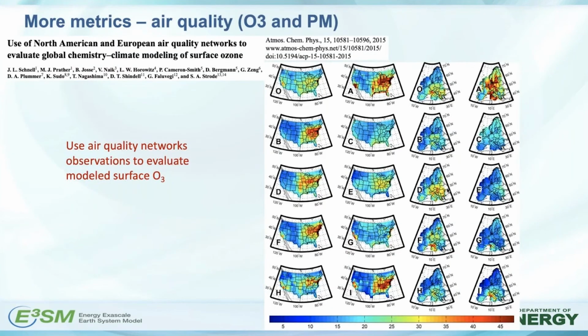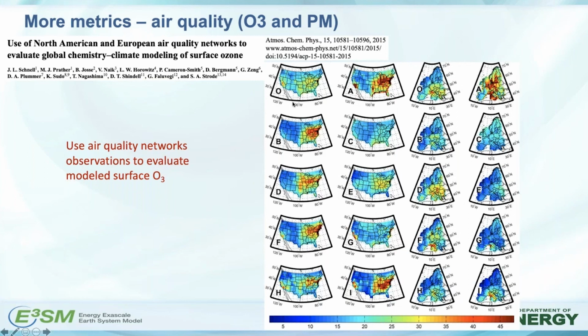Since we only got the results recently, we have some ongoing work to do with more metrics. One of them, as I show here, is the air quality. We can look at the surface ozone and the PM aerosols compared to observations.